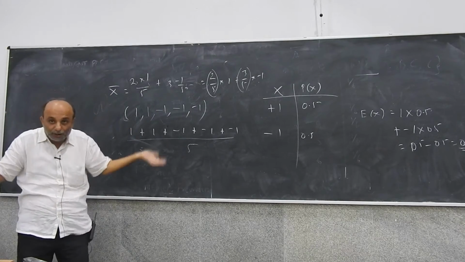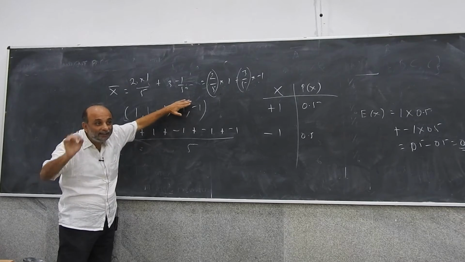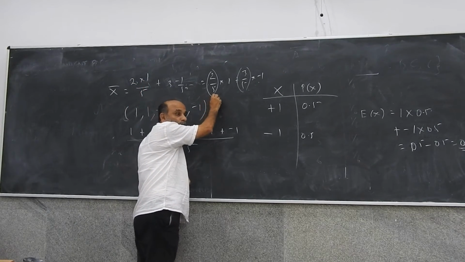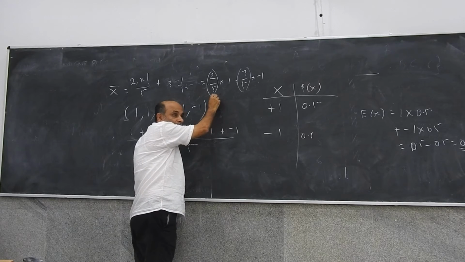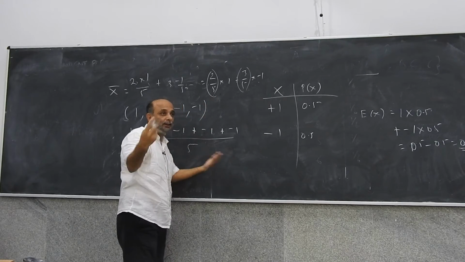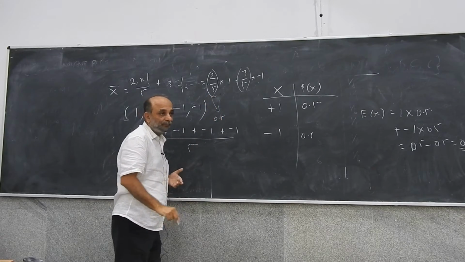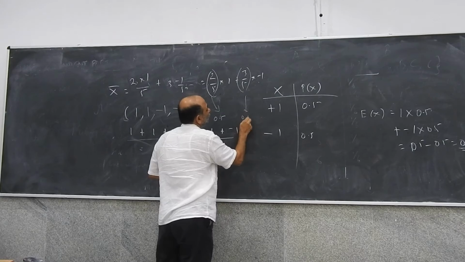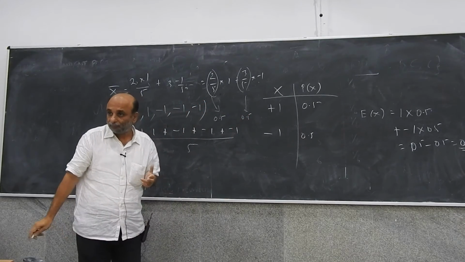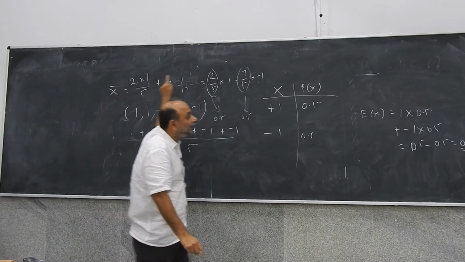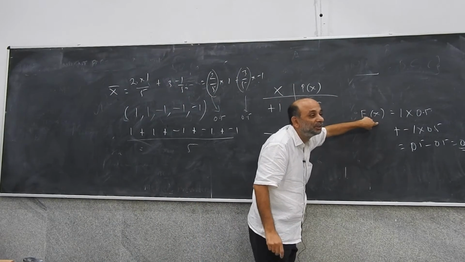Which means as the sample size increases, the relative frequencies will get closer and closer to probabilities. As the number of times I toss the coin increases, this will get closer and closer to 0.5. This will also get closer and closer to 0.5. Which means that x bar will get closer and closer to expectation x.